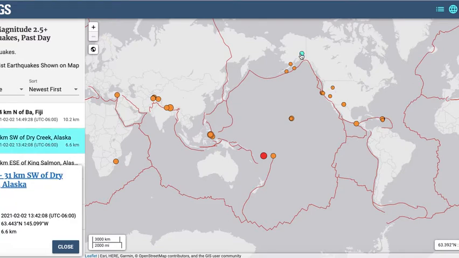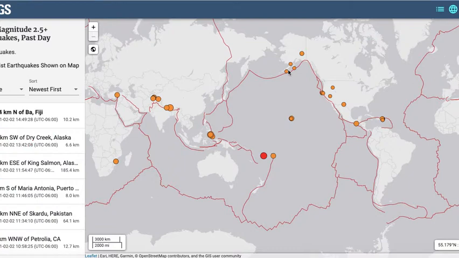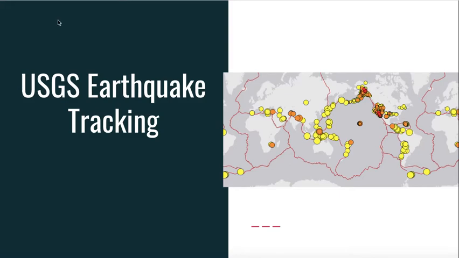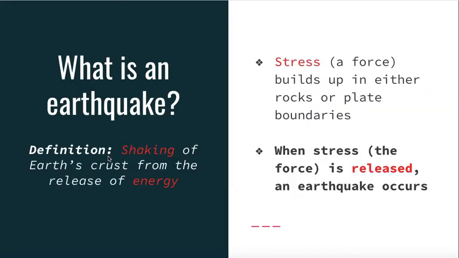Here's Alaska. So I'll tell you it's Dry Creek, Alaska. This is other areas here that show you this interactive map. And this is updated continuously. Okay, so here we are tracking this. We're going to go to the next slide.